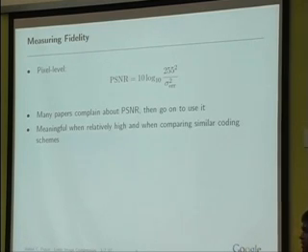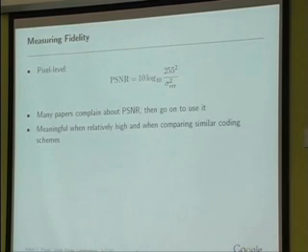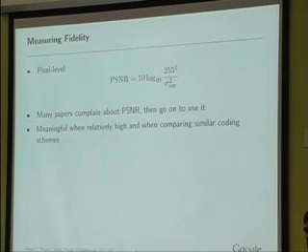Many papers complain about PSNR as not being the greatest measure in the sense that it may not reflect actual subjective quality. There's been a lot of research over the years to try to come up with automatic measures that better track the subjective quality assessments, perceptually weighted mean squared error, and things like that.